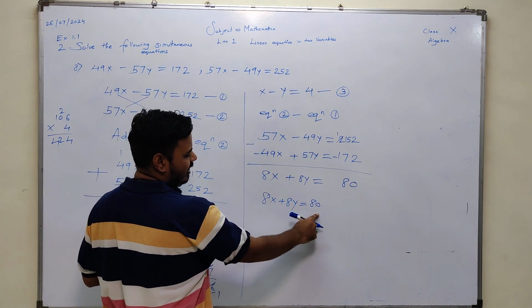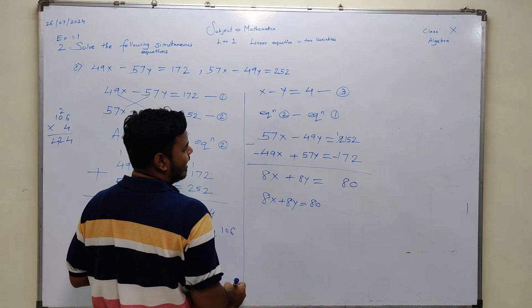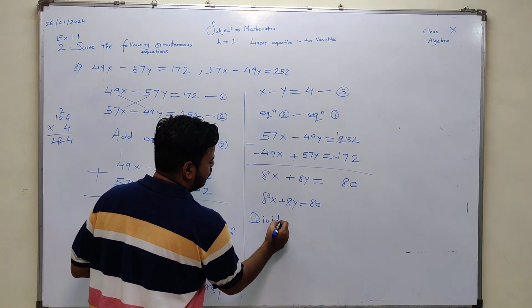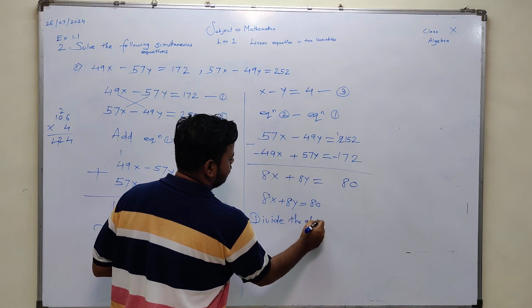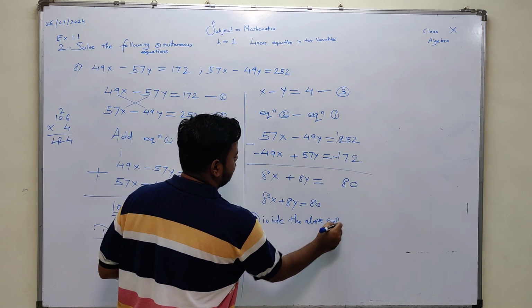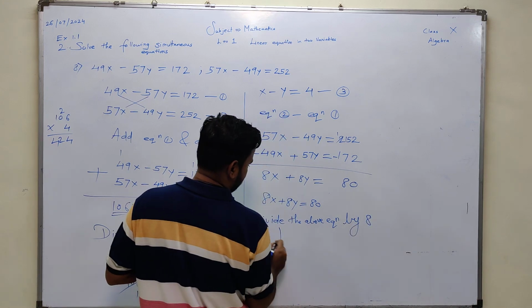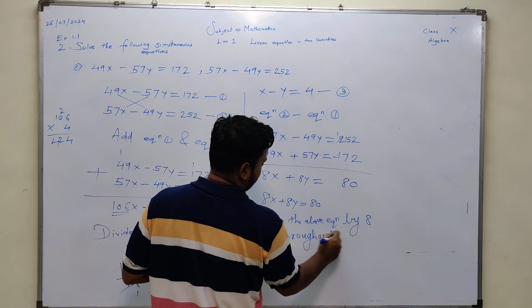Now observe it carefully. What do you find common? 8. So divide throughout this equation by 8. Next step will be to divide the above equation by 8 throughout.